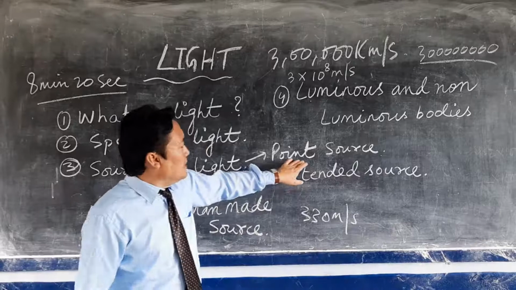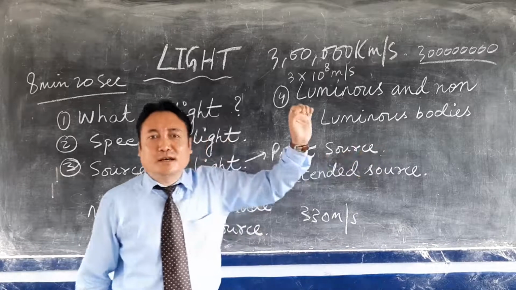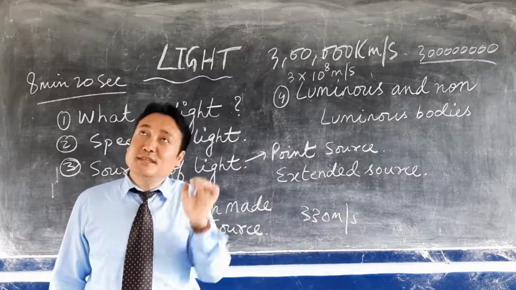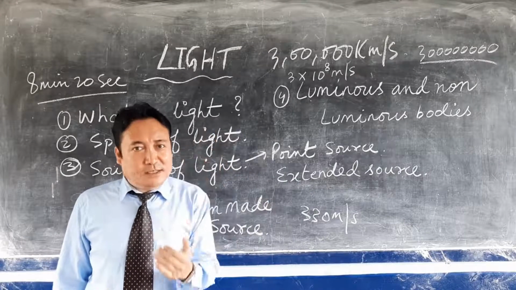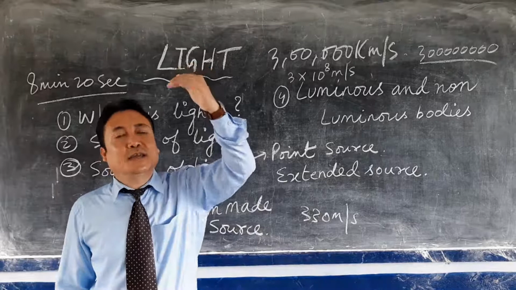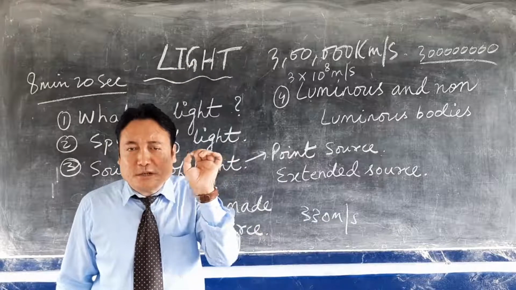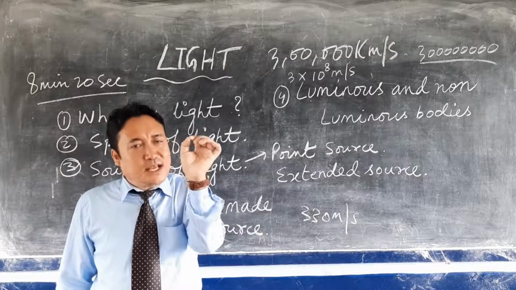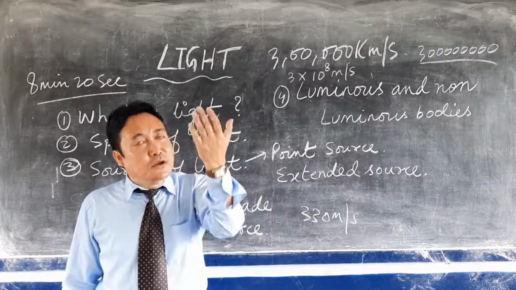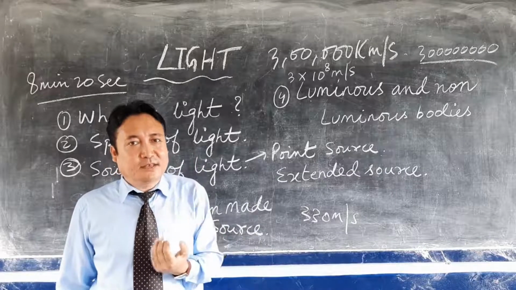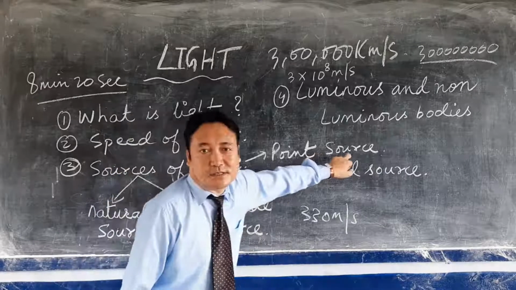Now a point source is like the light we get from a star. When we see a star from the earth's surface, you can see the twinkling of stars in the sky. The light which we, the observers, receive from that star is from a point source.